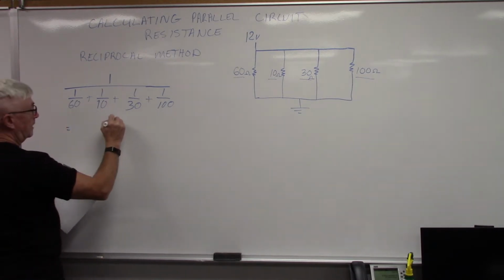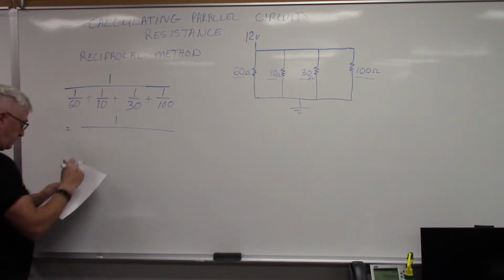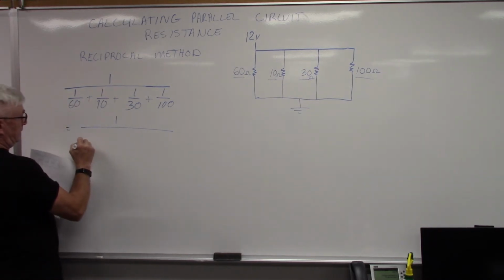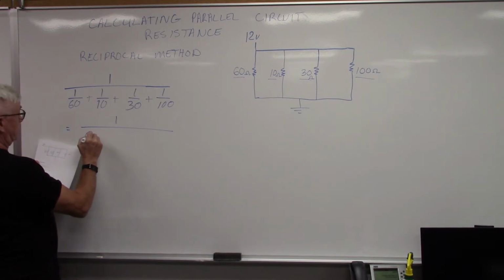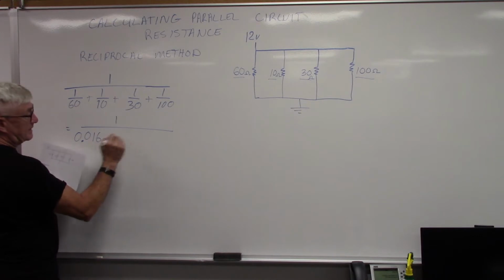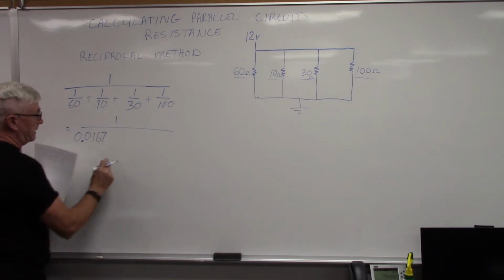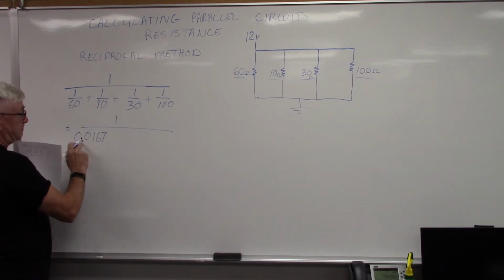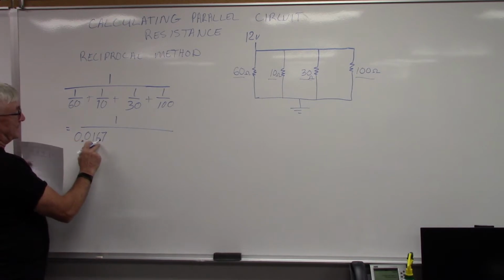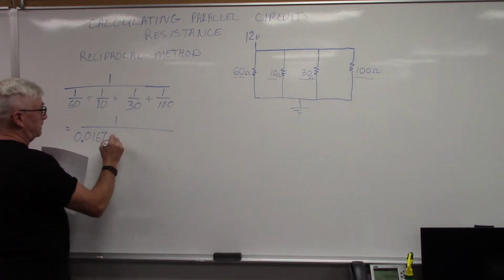So if we do the math out on each of these, I'll give you an idea what we're doing with decimal places. 1 divided by 60 is 0.01666 repeating, so I've rounded that to 4 decimal places, 0.0167.